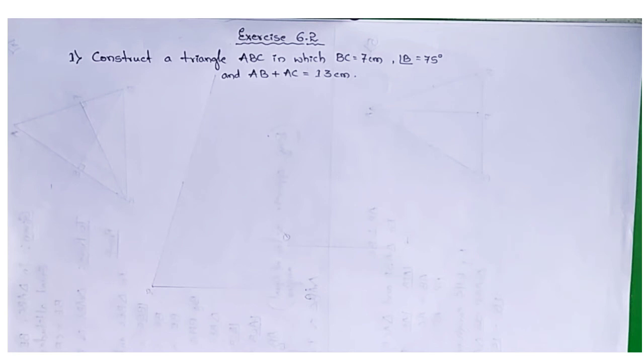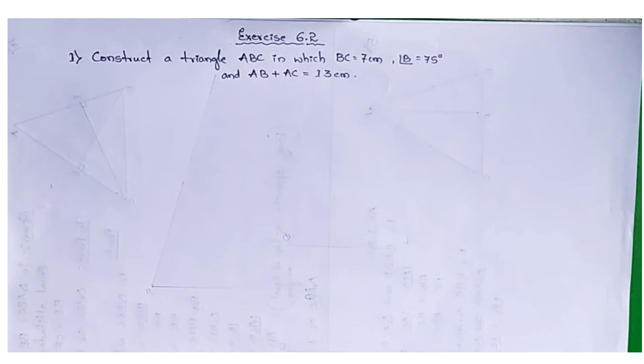Now the concept about constructing triangles, when they give the base, one angle and the sum of the other two sides. Another type is where they give one base, an angle along with the difference of two sides.